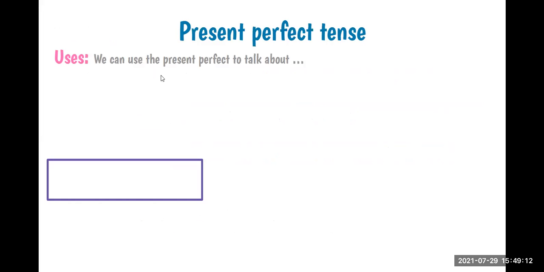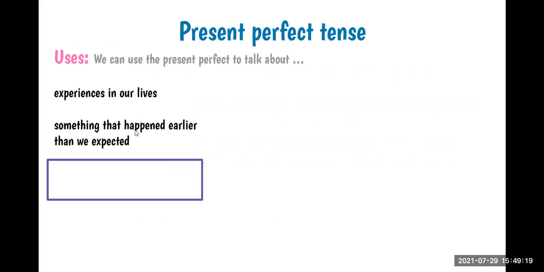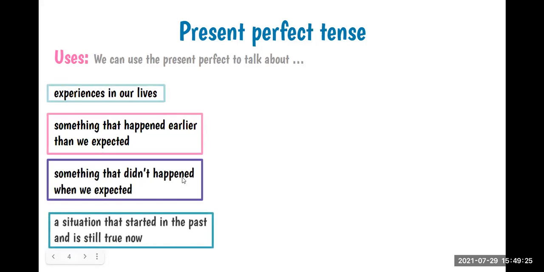It says we can use the present perfect to talk about experiences in our lives, something that happened earlier than we expected, something that didn't happen when we expected, and a situation that started in the past and is still true now, or this situation has a result in the present. So these are the different situations in which we can use the present perfect tense.